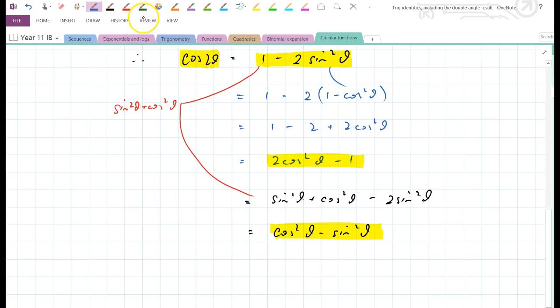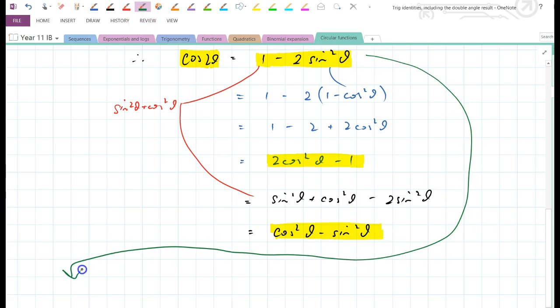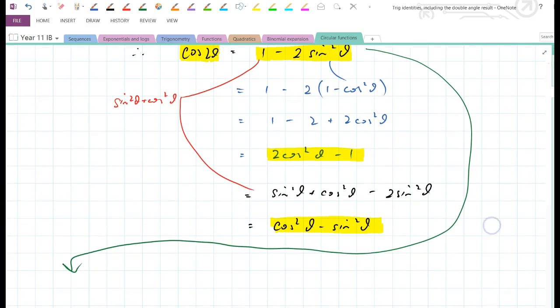Okay, so from cos 2 theta equals 1 minus 2 sine squared theta, we're going to drag from this result here. We're going to pick him up, and we're going to square both sides. This is not going to be particularly obvious at the moment, but I want to get a sine 2 theta result.